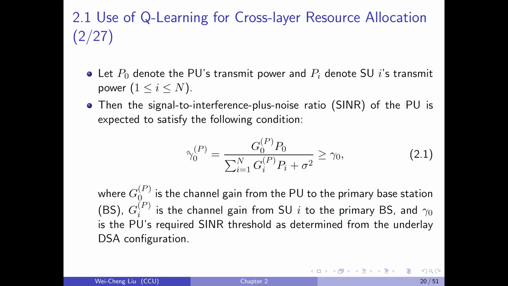So gamma_0^t,p is the SINR of the primary user at time t, and can be expressed as this equation, which must be greater than or equal to gamma_0. And gamma_0 is the primary user's required SINR threshold as determined from the underlay DSA configuration.